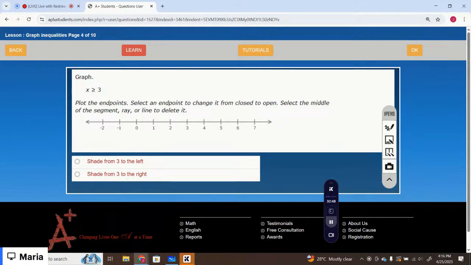Graph x is greater than or equal to 3. So shade from 3 to the right.